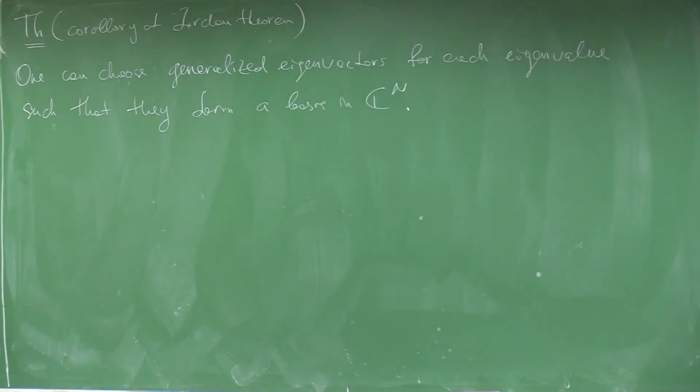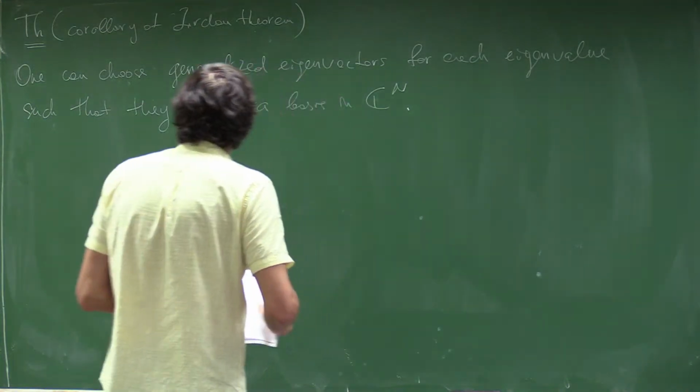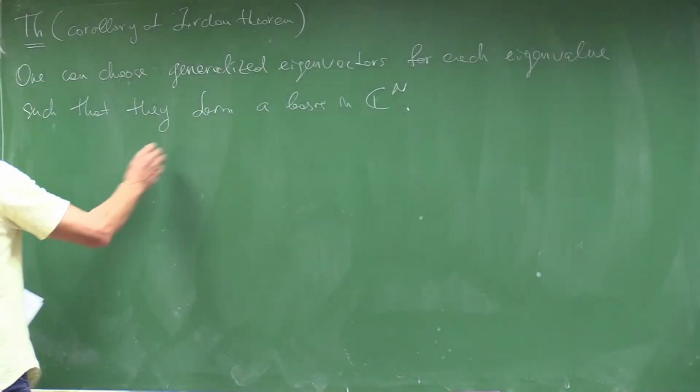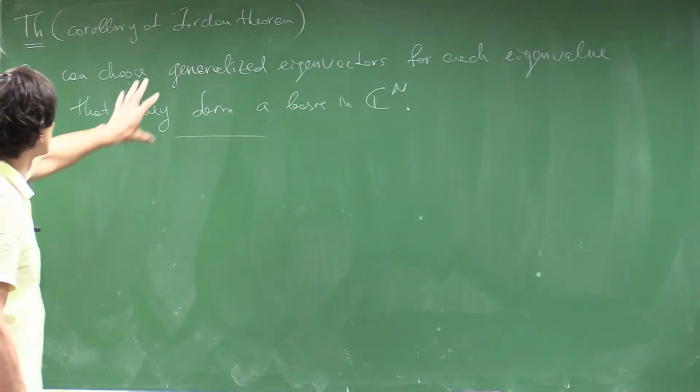So you can choose n generalized eigenvectors which are linearly independent. Okay. So let's see what actually it means. Let's make this construction explicit.